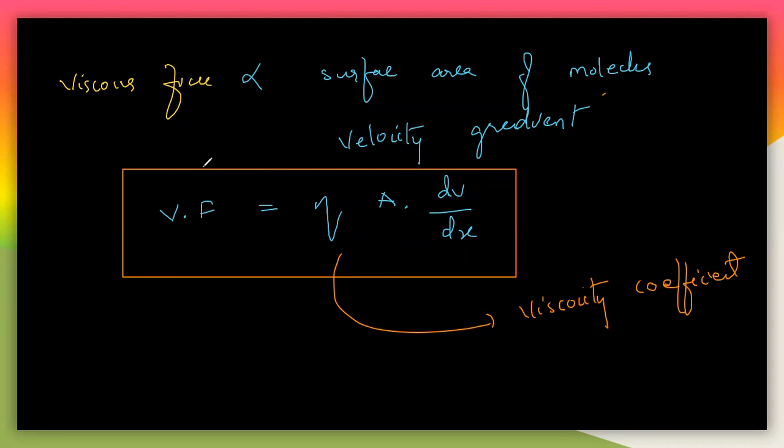So this viscosity coefficient gives the viscosity. How can you know this viscosity? Eta is equal to force by A into dV by dx, that is the coefficient of viscosity.